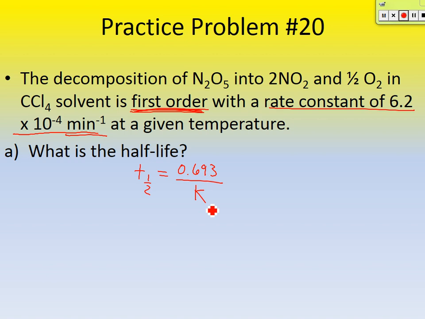So this is easy. The half-life is equal to 0.693. It told us that our rate constant was 6.2 times 10 to the minus 4. Very easy. Let's put that in our calculator and see what we get.